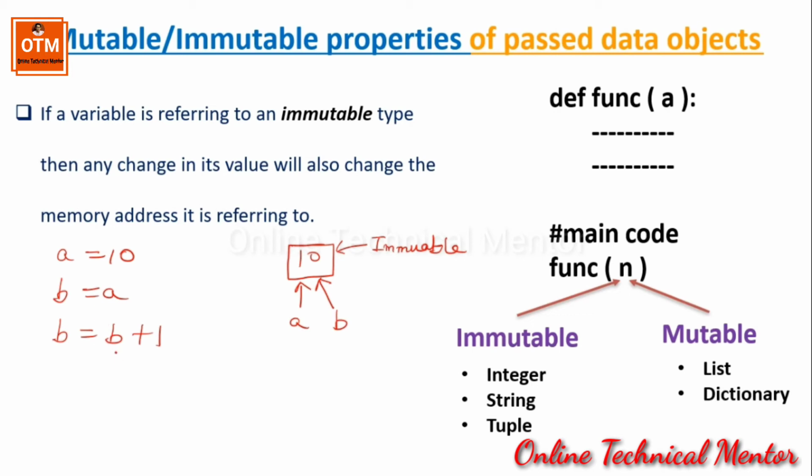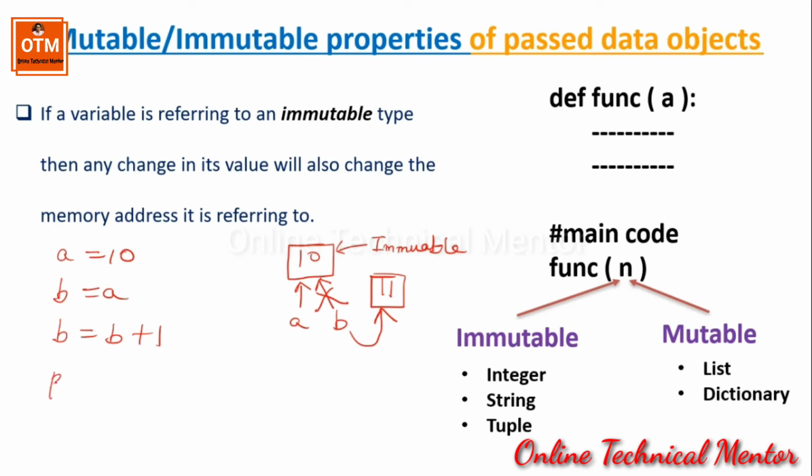The present value of b is 10. That means 10 plus 1 will become 11, and 11 will be stored within b. Since 10 is an integer, it is immutable, so it cannot be changed over here. So another space will be allocated for this 11, and then b will now point to that memory location, not the previous location.